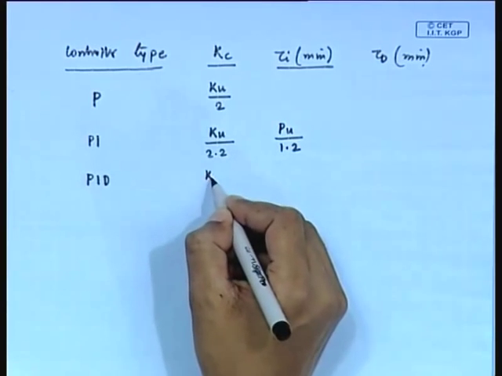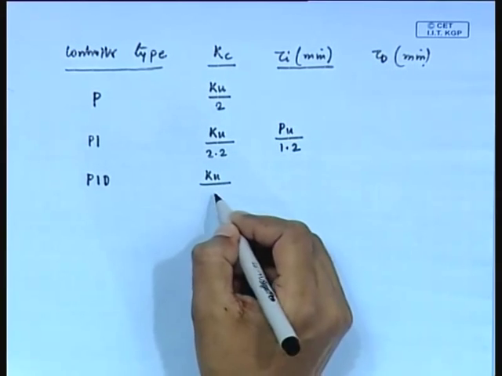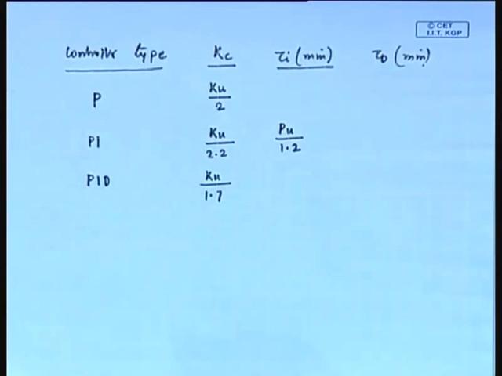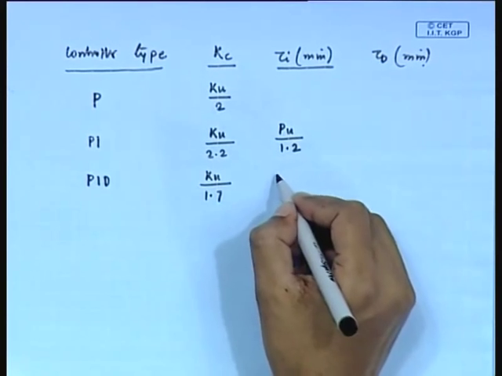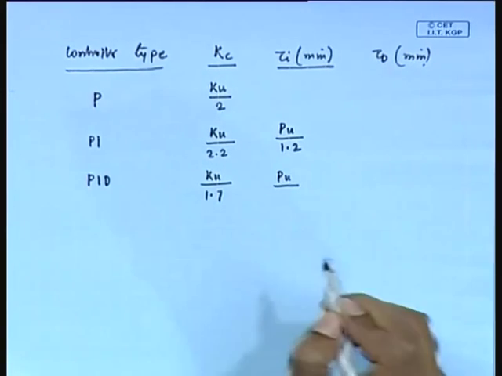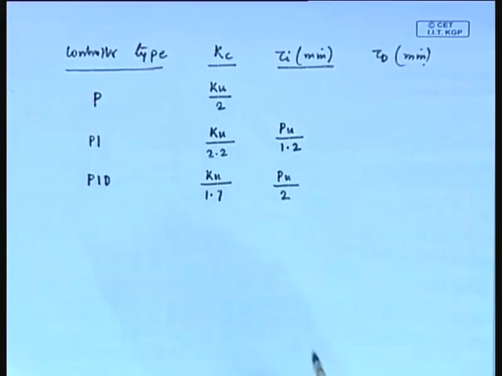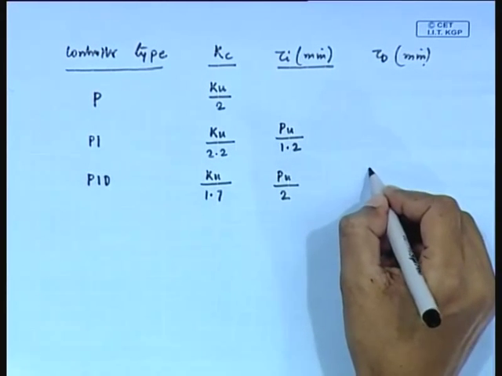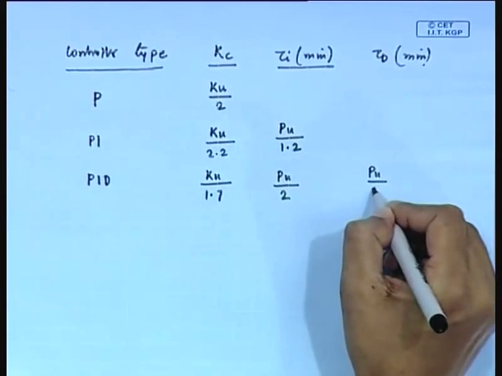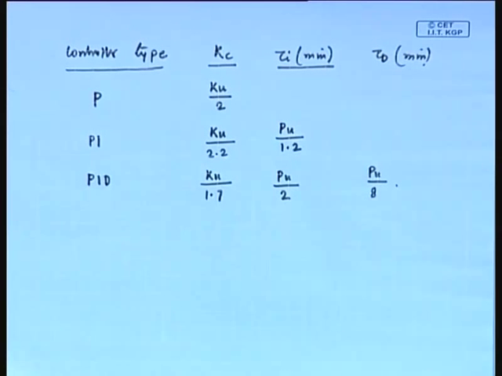For PID controller, Kc is Ku divided by 1.7, tau I is Pu divided by 2, and tau D is Pu divided by 8.